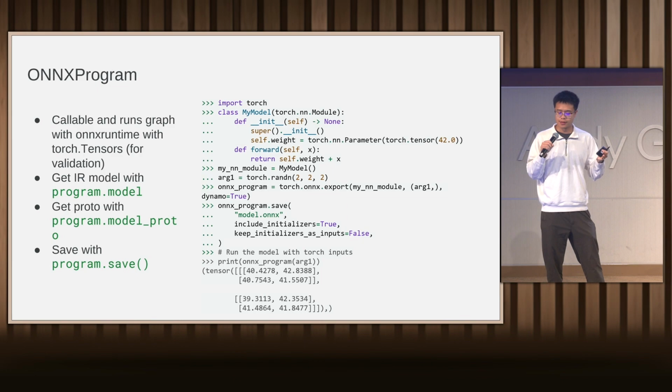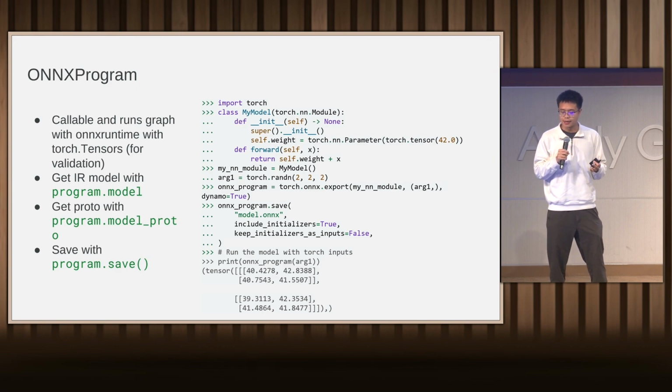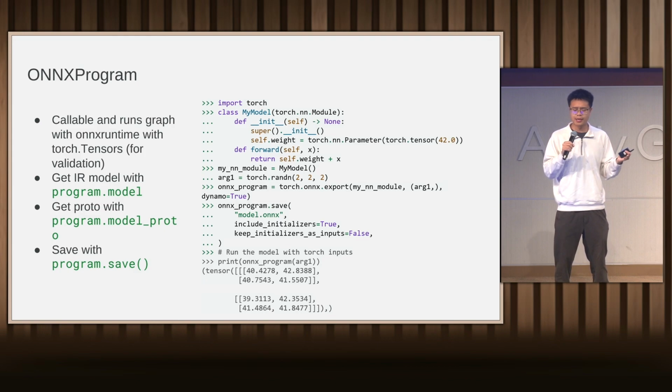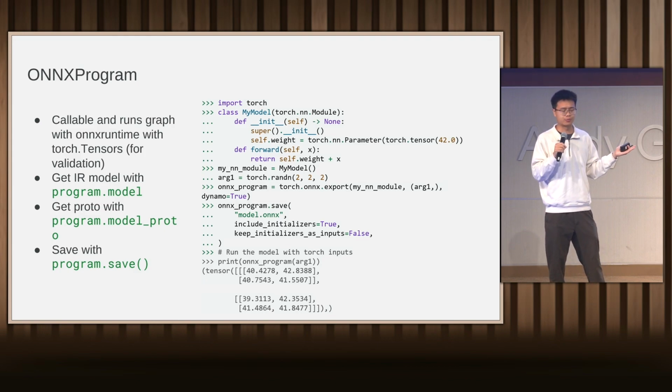The first nice thing with the new API is that the return object is an ONNX program. It is essentially a wrapper around two things. One is the exported program that torch.export produces, and the second is the ONNX IR model. You can get the ONNX IR model with onnx_program.model, and you can get the familiar ONNX ModelProto with program.model_proto.